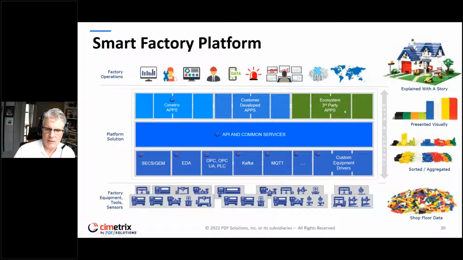And then we work with third-party developers so that they can use our APIs and develop new apps. And again, the whole idea is to take all that pile of shop floor data, sort it, aggregate it, present it, and be able to explain in a story a lot of the use cases that Ellen went through.